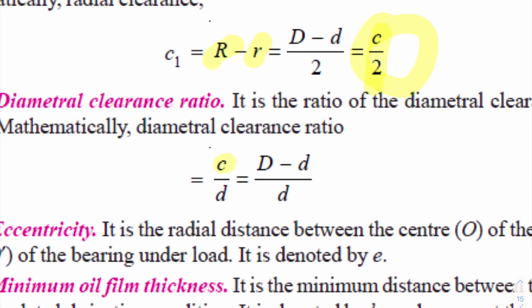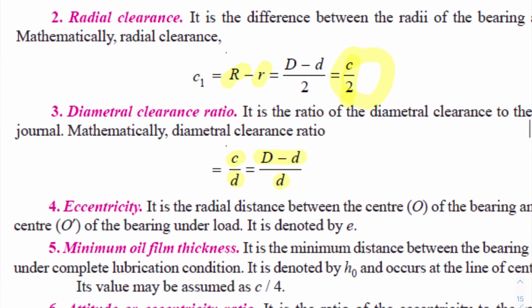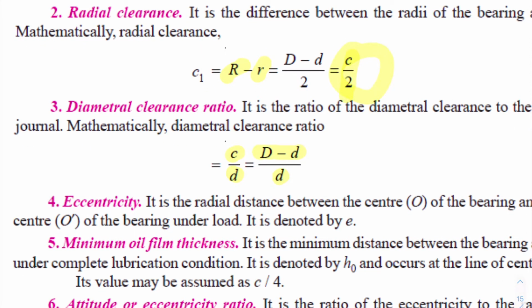On the numerator, we have the diametral clearance, and on the denominator, it should be the diameter of the journal. Remember, not the bearing, the diameter of the journal. Basically, we can write the clearance as capital D minus small d, all divided by the diameter of the journal. This ratio will be very useful whenever you design the journal.